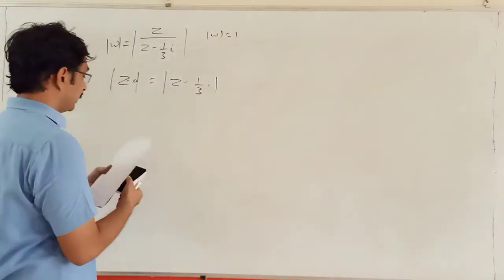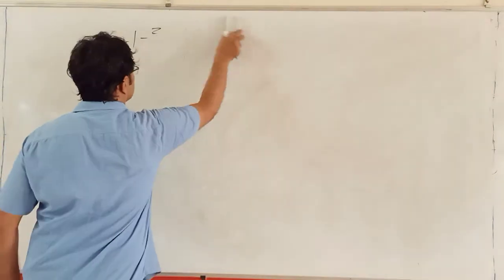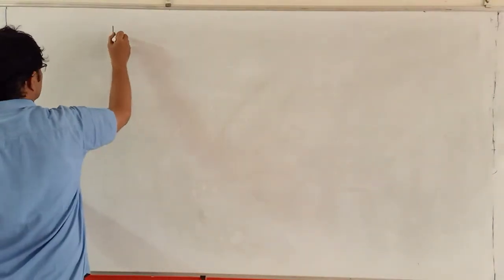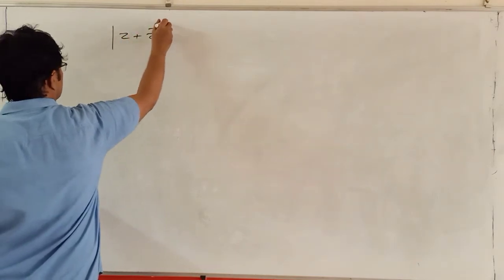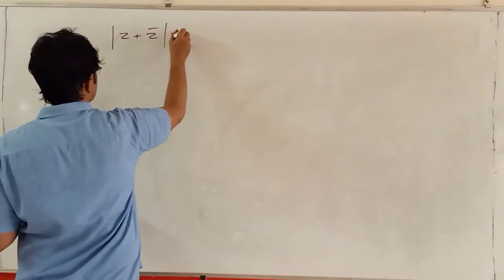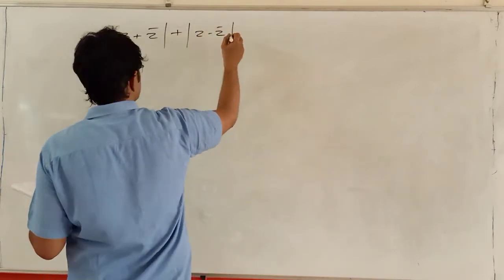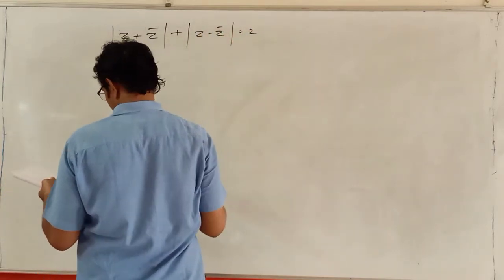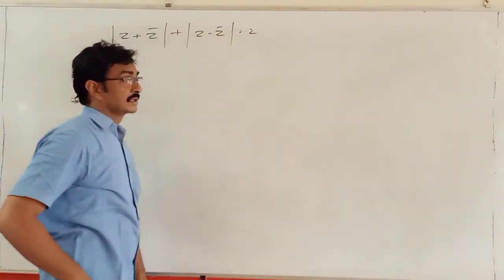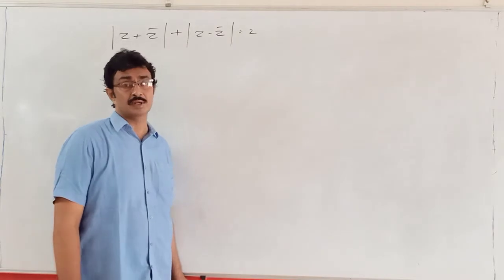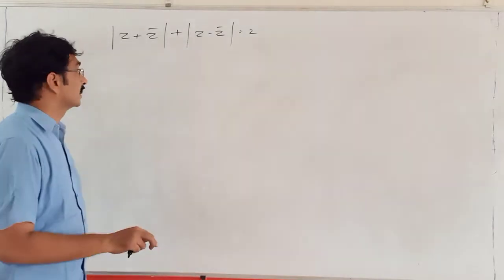See fifth one, important and easy. Modulus of z plus z bar plus modulus of z minus z bar equal to 2. Then locus of z is. So two problems: what is the locus of z, and what is the area of the locus of z?